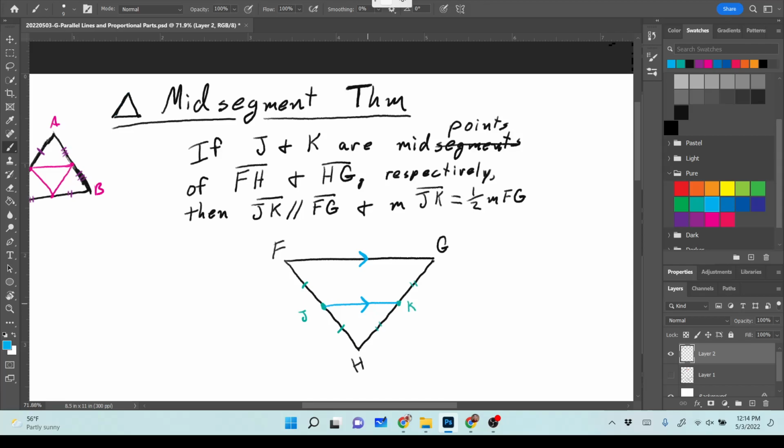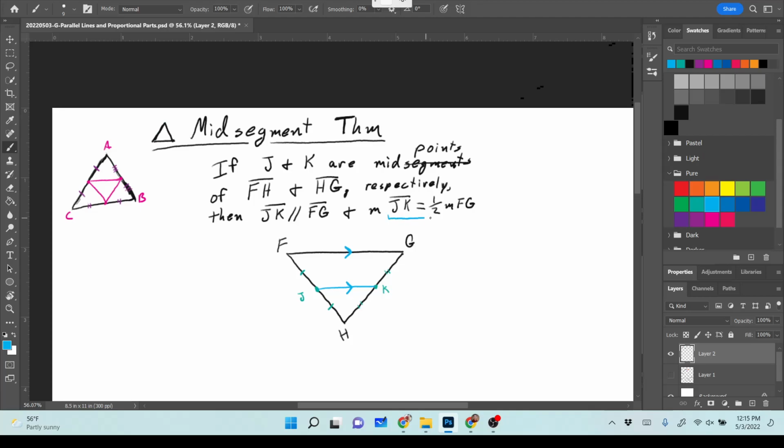It also tells us that this is half of that length. Make sense?